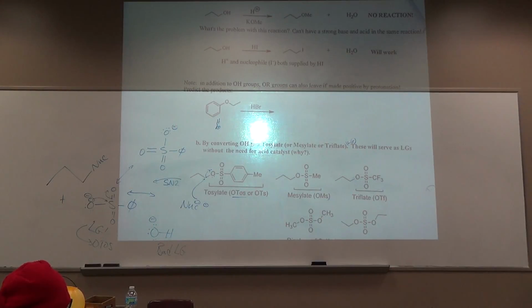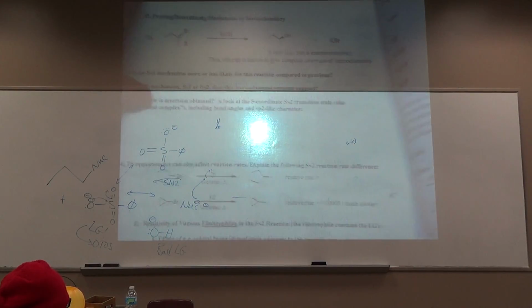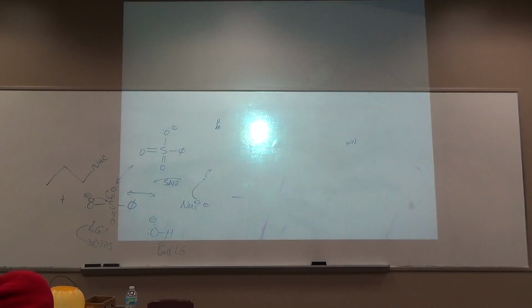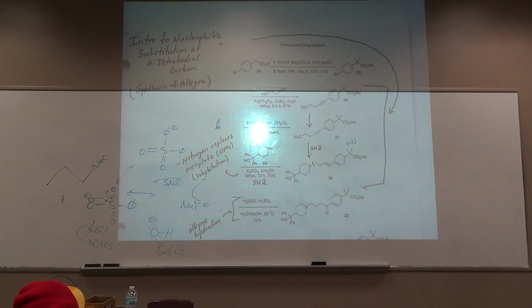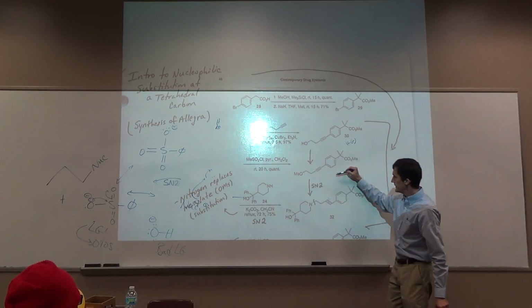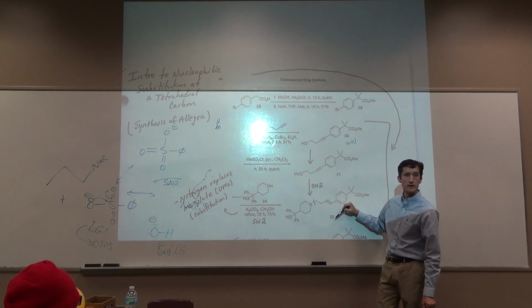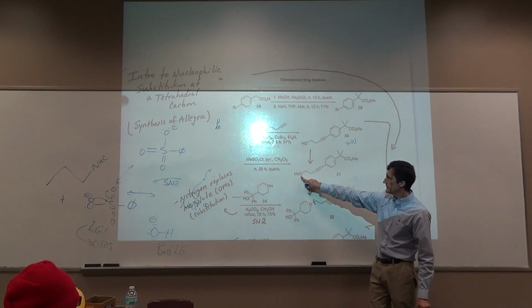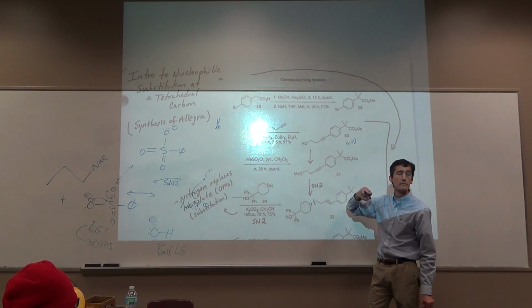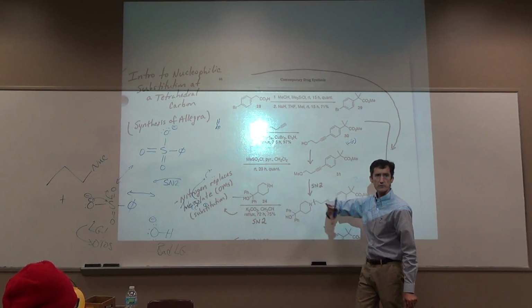Mesylate. Where did we see mesylate before? Very beginning of this handout. What did we see? Synthesis of Allegra, right here, 31 to 32. What do they have here? Here's your mesylate. They're coming in here with this nitrogen nucleophile. We'll see examples of nitrogen nucleophiles a little bit later.